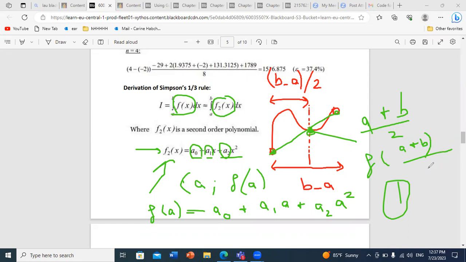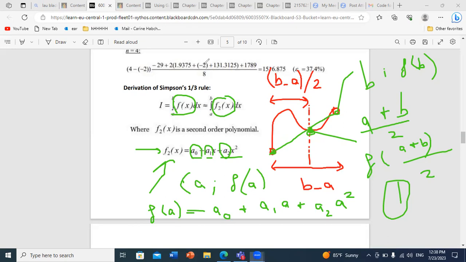And the third point is this one, with coordinates b and f of b. So it's really simple as a concept. We have 3 unknowns, a0, a1, a2. To find them, we need to say that the function passes by 3 points. So the 3 equations are obtained by just substituting the coordinates of points 1, 2, and 3.